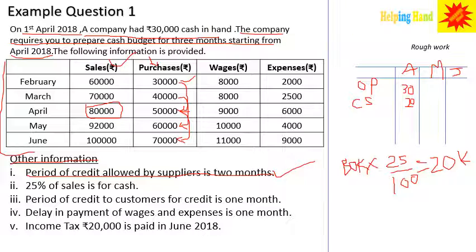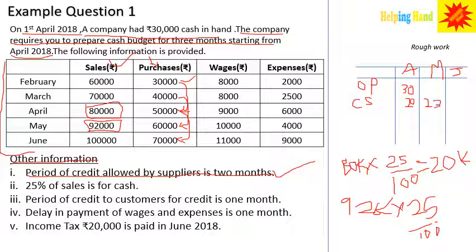Next, we have the month of May. For the month of May also, 25% of it would be paid in the month of May itself. So 92,000 into 25% shall go for the month of May, which shall be 23,000.